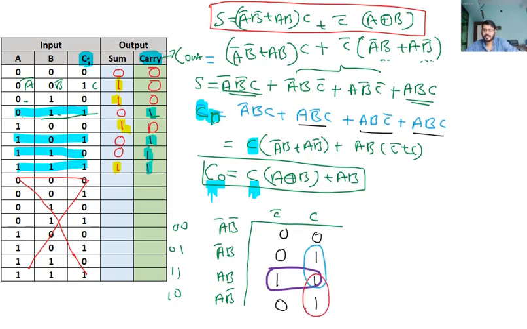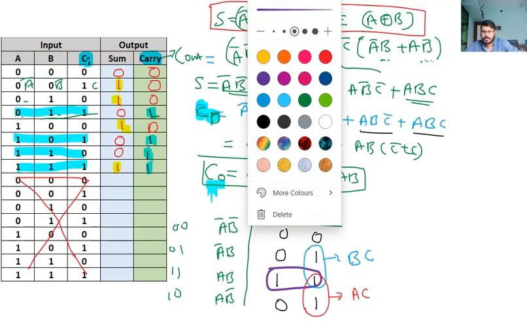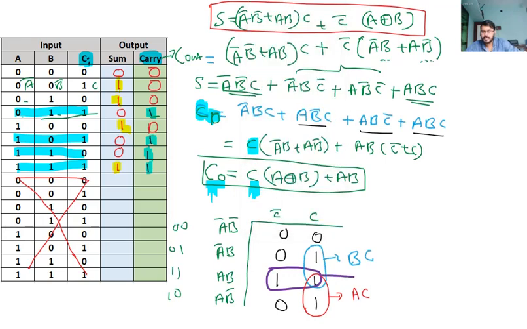So now corresponding to this pair your term will be equal to AC, and this blue color will give you a term BC, and the violet color will give you a term AB.